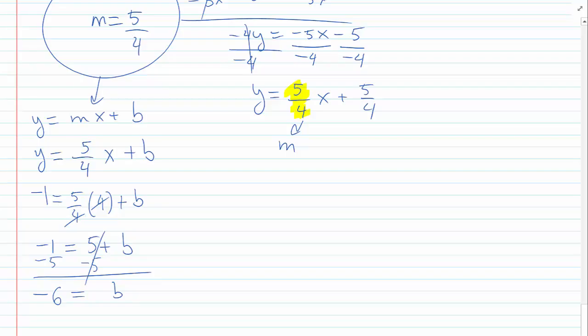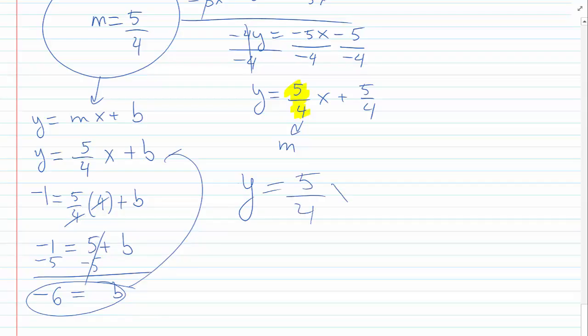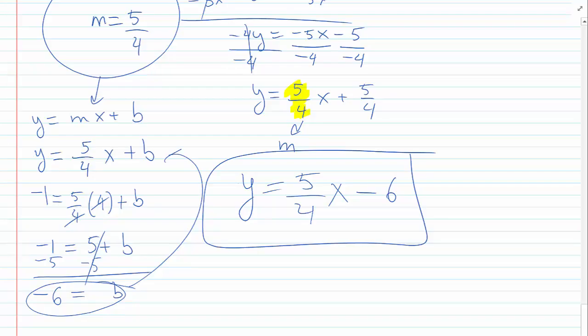That's also a good thing. There's no need to solve for anything. You just plug it in. All right, so where's the answer? Just put that back, right? So y equals 5 over 4 x, take away 6. Final result.